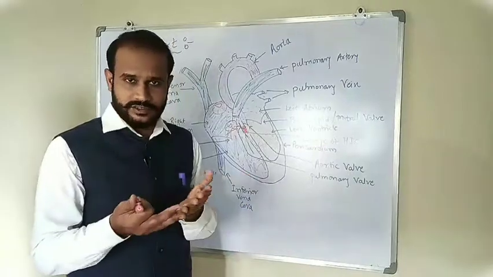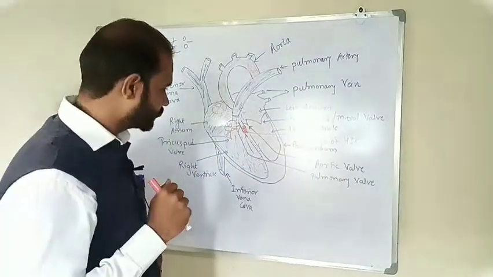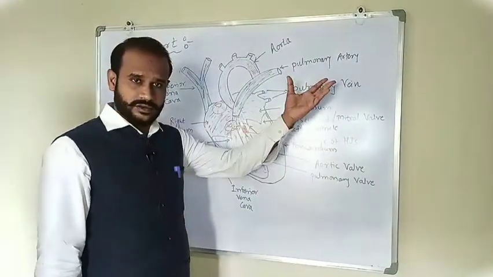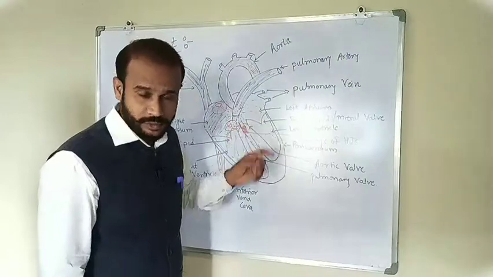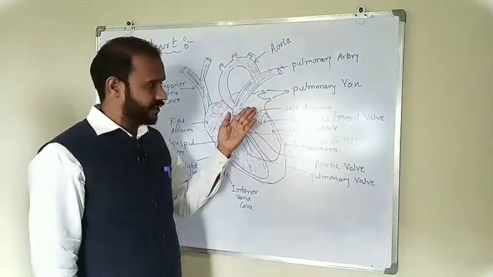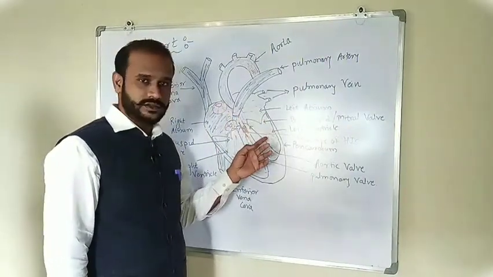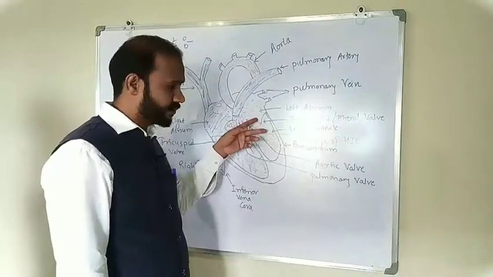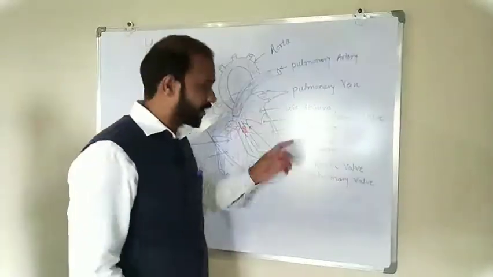Blood passes to the lungs. What happens in the lungs? In the lungs, deoxygenated blood gets oxygenated, right? Then oxygenated blood is carried by the pulmonary veins to the left atrium or left auricle. The left auricle gets filled with oxygenated blood and it passes to the left ventricle. Which valve is present between the left atrium and left ventricle? That is the bicuspid valve.